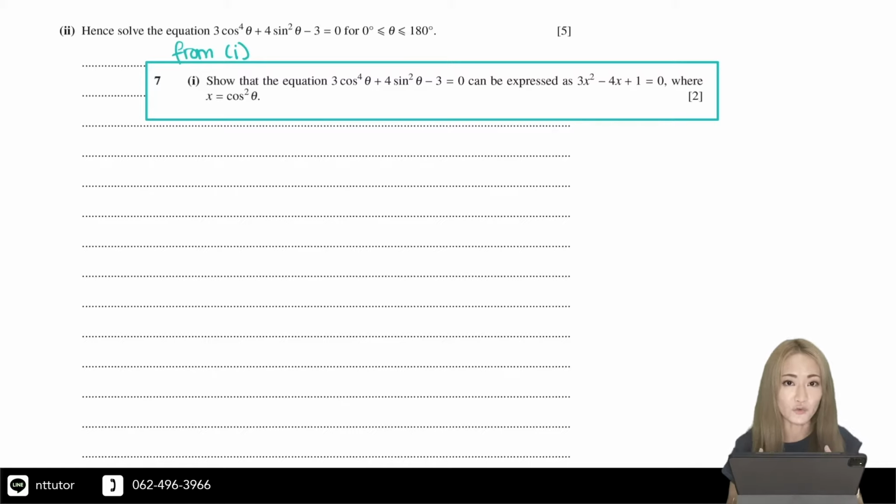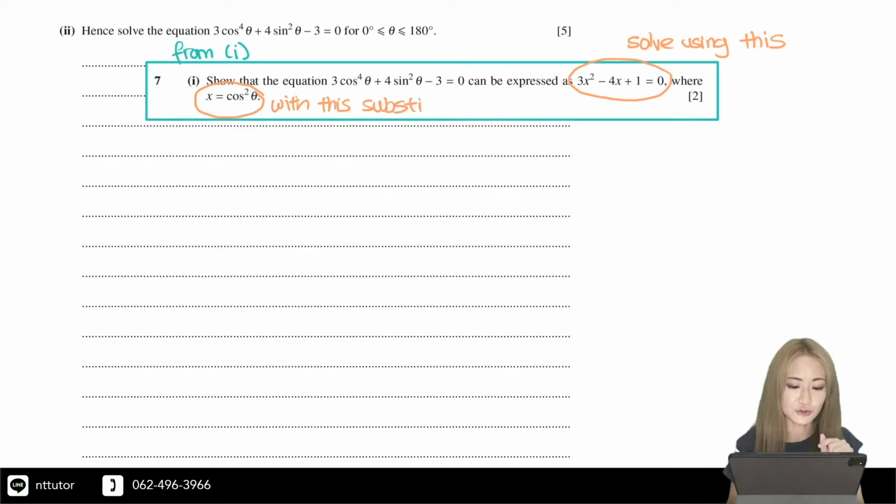So you're not going to solve it from 3 cos to the power of 4 theta and so on. You're going to solve it from 3x to the power of 2 minus 4x plus 1 equals 0 instead, because they asked you to do that on purpose. So we're going to solve it using this expression, and later using the substitution x equals cos to the power of 2 theta to actually find the value of theta.